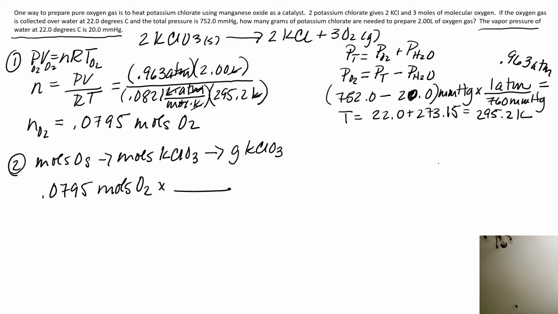Stoichiometry from the balanced equation: 3 moles of O2 are equivalent to 2 moles of KClO3. Then we need the molar mass of KClO3.